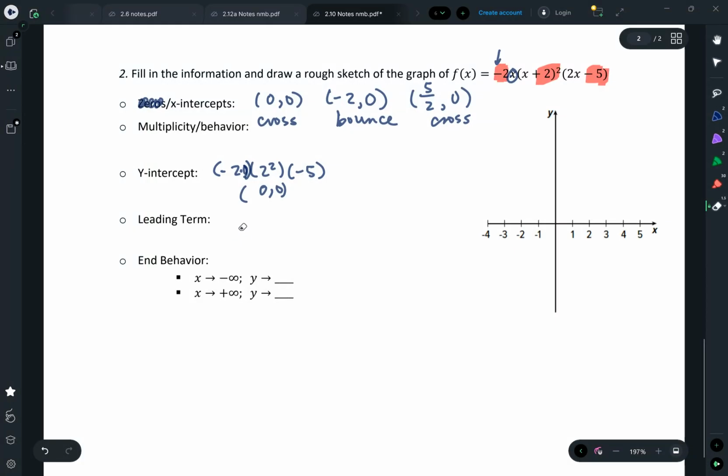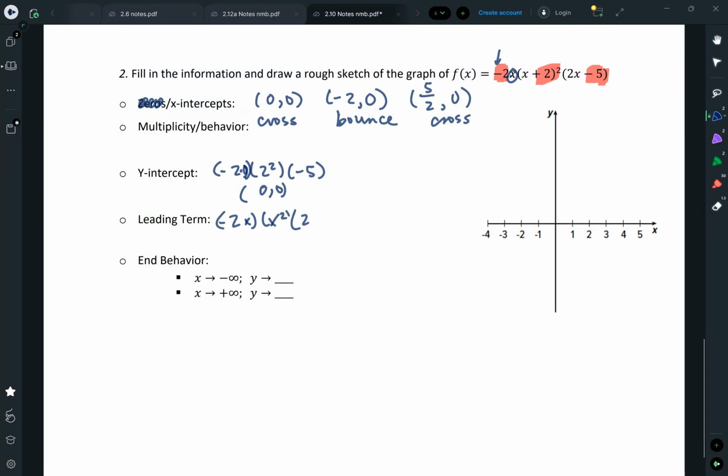Leading term is going to be our negative 2x times, let's see, an x squared times a 2x. So that's going to be negative 4x to the fourth power. So something like this, like an upside down W, so an M. And so both ends of my graph are going to be negative infinity. Let's go ahead and plot everything.